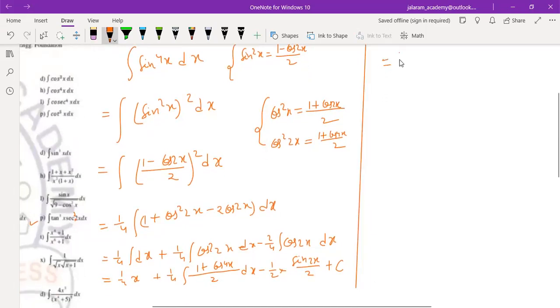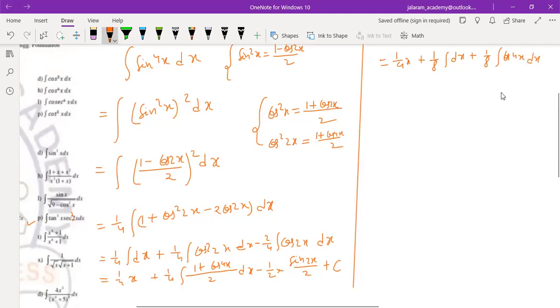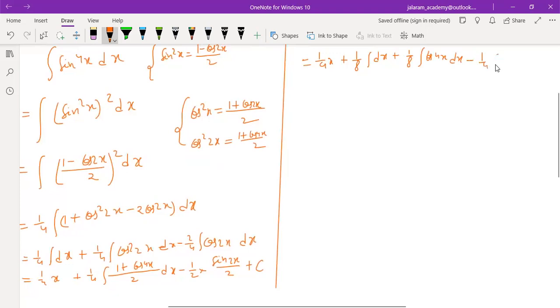So it is equal to 1 by 4x plus 1 by 8 into integration of dx plus 1 by 8 into integration of cos 4x dx minus 1 by 4 sin 2x plus c, equals 1 by 4x plus 1 by 8x plus 1 by 8 into sine 4x upon 4.